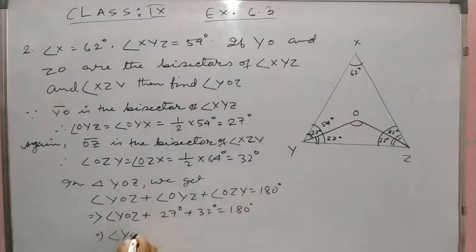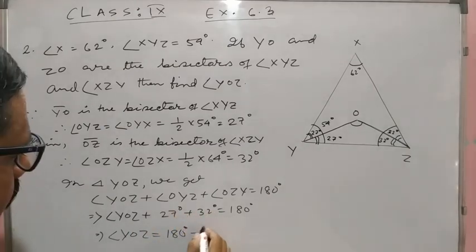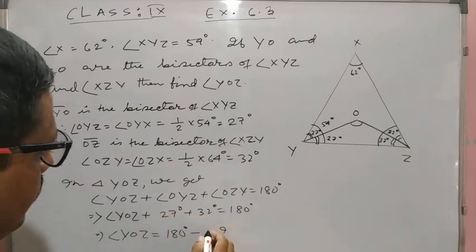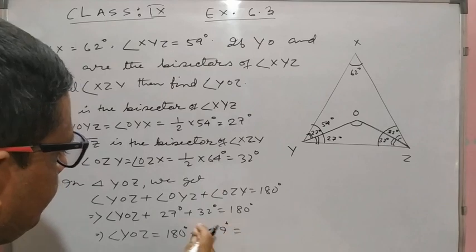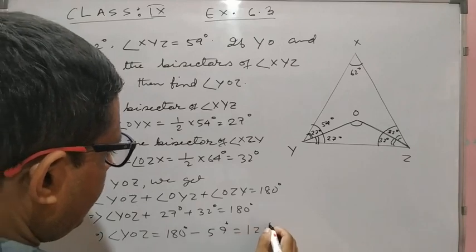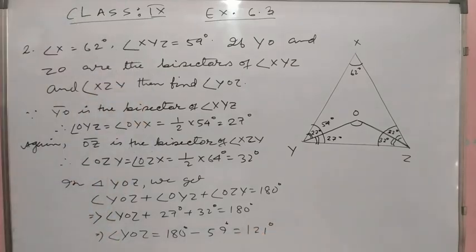This implies that angle YOZ equals 180 degrees minus the sum of these two, 59 degrees, so it will be 121 degrees. So the measure of this angle is 121 degrees.